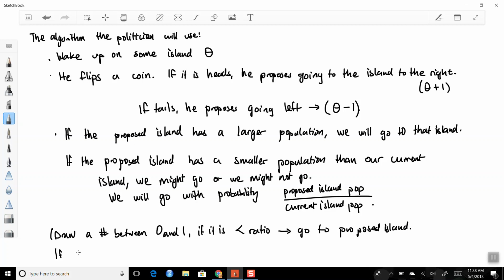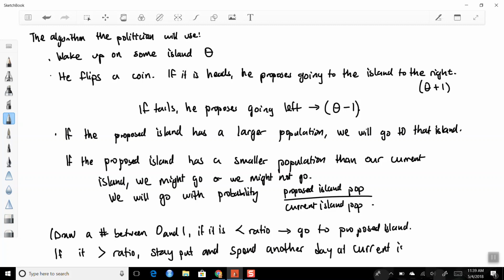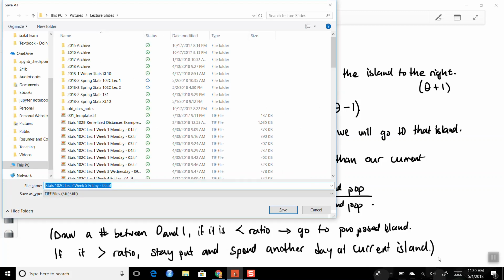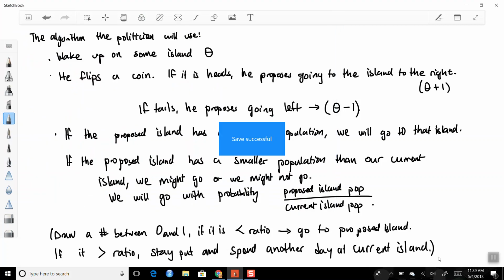And if it is greater than the ratio, stay put and spend another day at the current island. And that's what we'll do, okay?